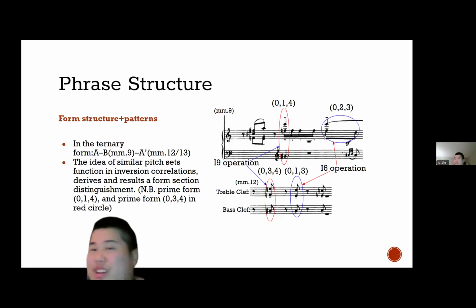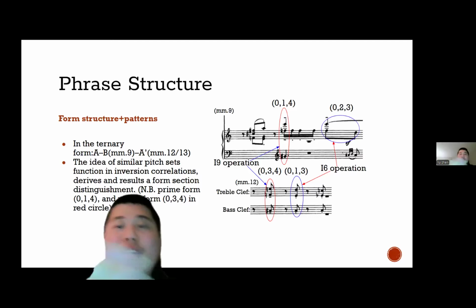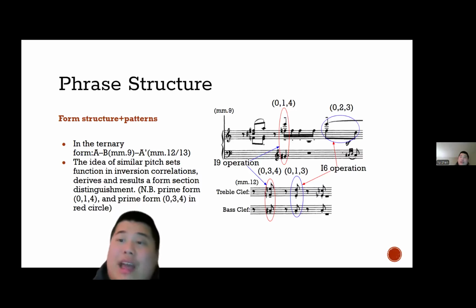I think it is very interesting that Schoenberg adopted this, because it shows how the sections align. These two overlapping correlations in the interval sets or pitch sets give us the reiteration that it gets back to a certain section.